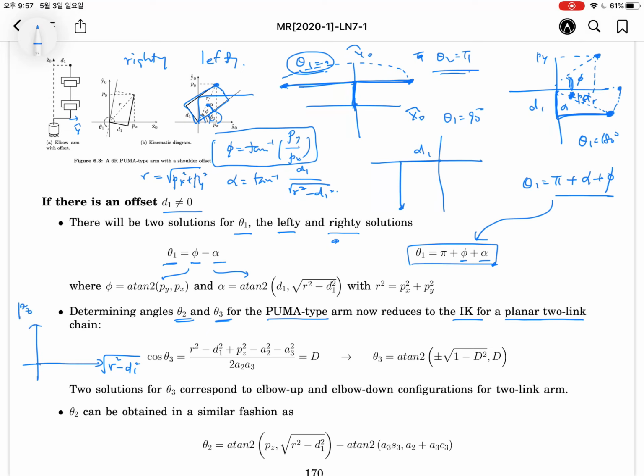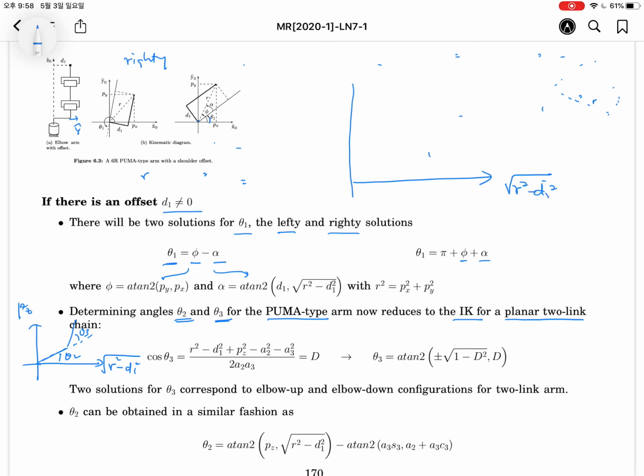Maybe the theta 2 and the theta 3. Let me draw it again as a big picture.